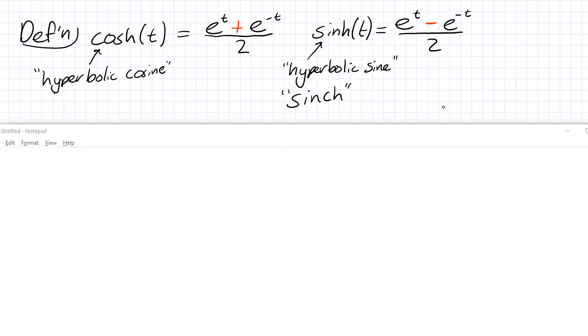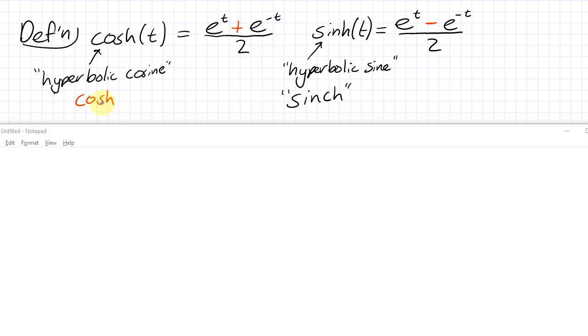So the g of t one there, with the plus, is hyperbolic cosine of t, and with the minus, this is the definition of hyperbolic sine of t. And usually we just pronounce these as best we can. If you use these a lot, you don't want to say hyperbolic cosine over and over again. So people usually just say cosh.